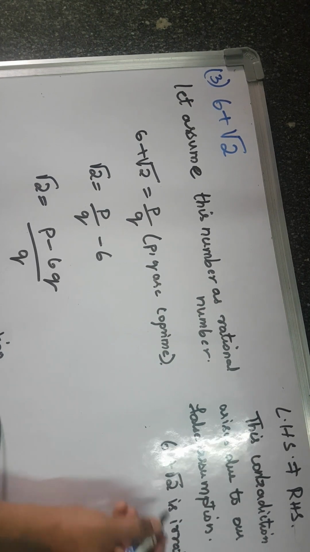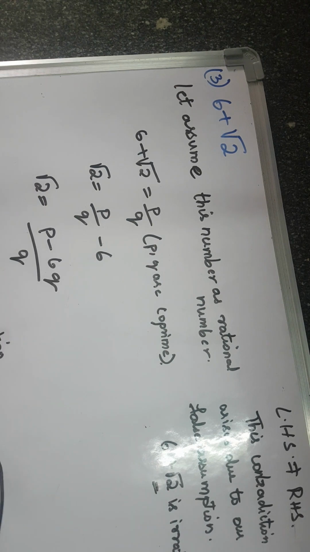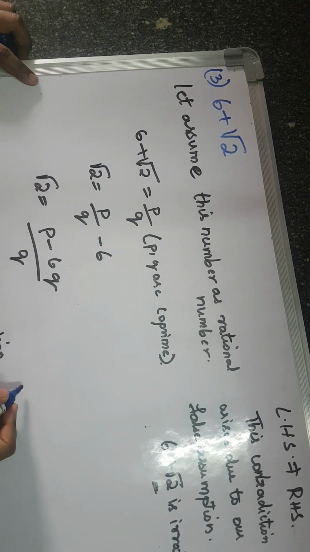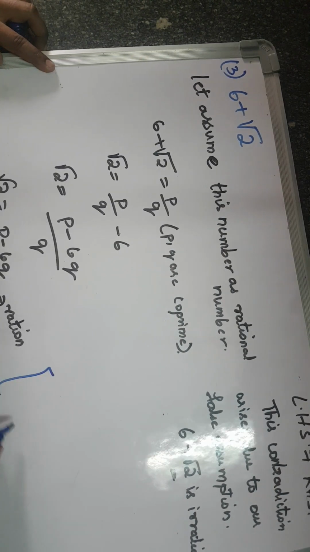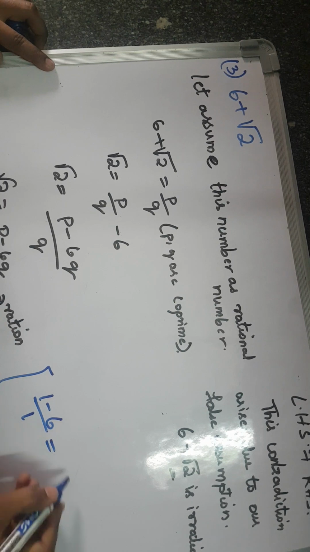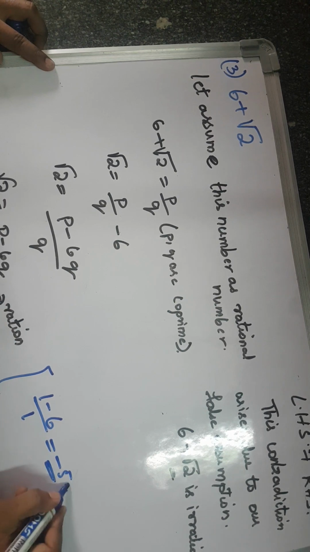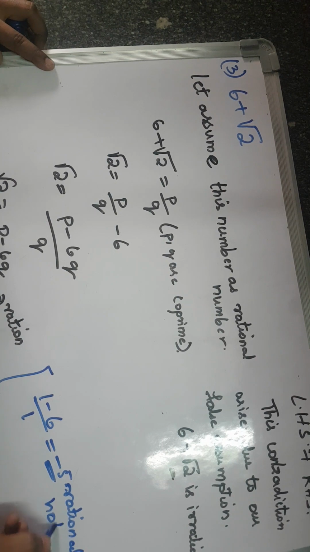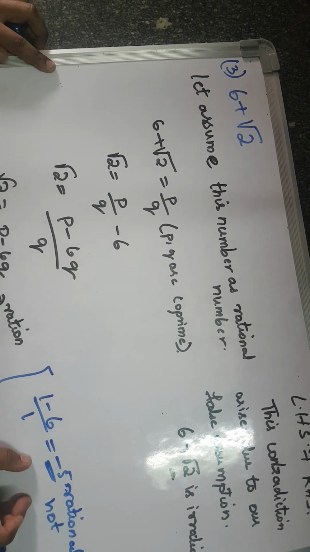Why am I saying this? Check once. Put p equals 1, q equals 1, minus 6 by 1. What will be the answer? Minus 5. This is a negative rational number, it is also becoming a rational number.